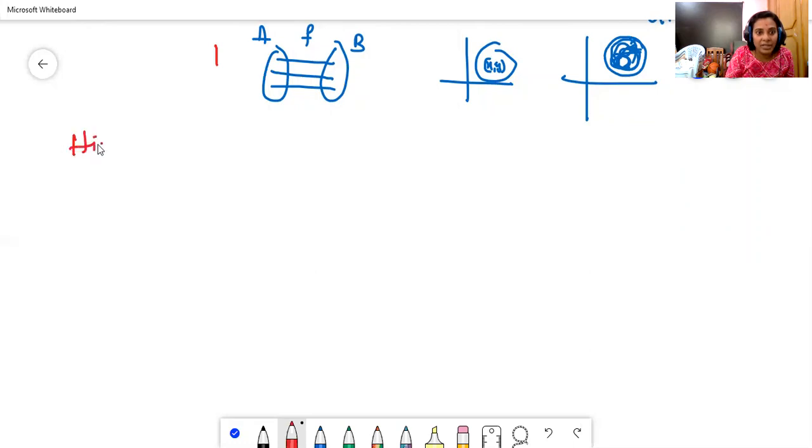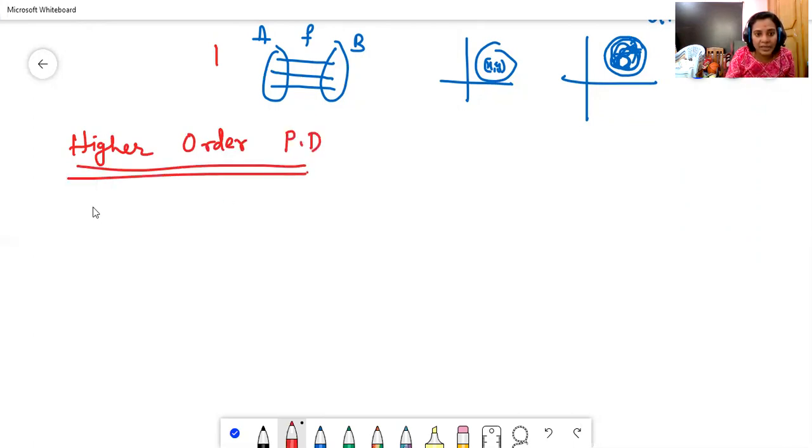For higher order, that is higher order partial differentiation, we have f suffix xx, or f suffix xy, f suffix yx, f suffix yy.